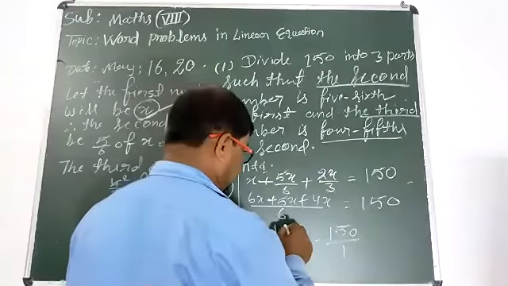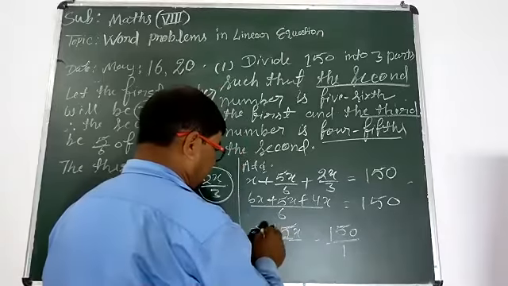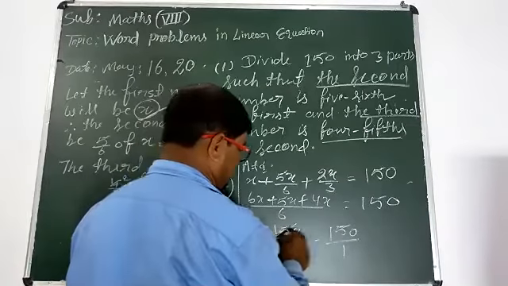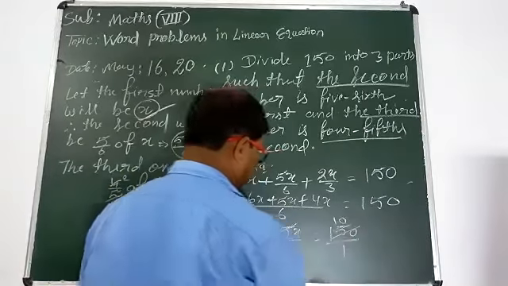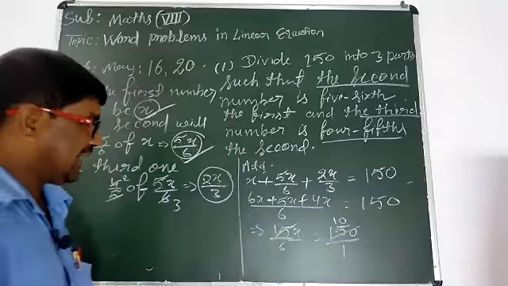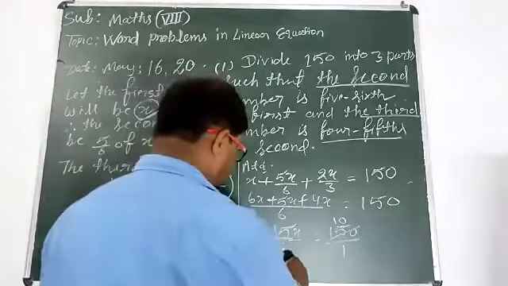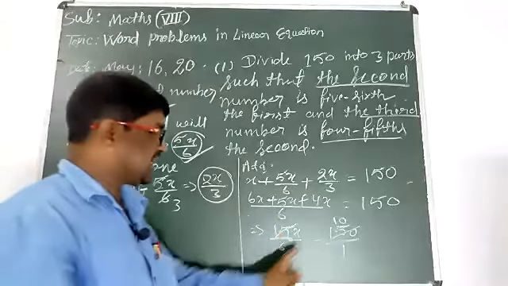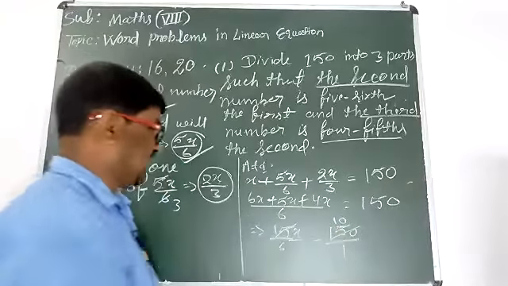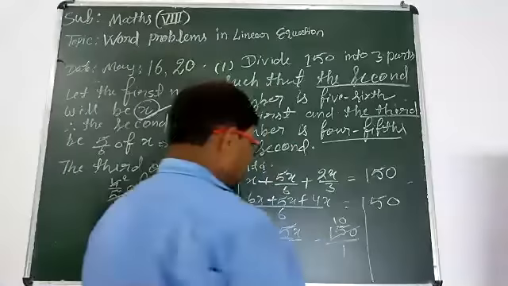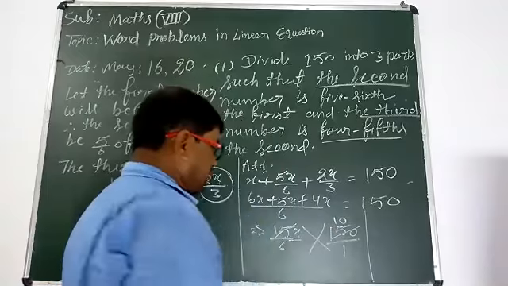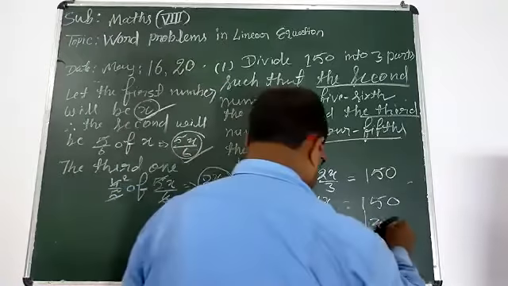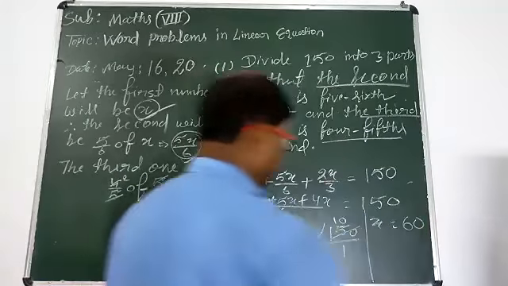Now 15 1 is 15, 15 10 is 150, so x upon 6 equal to 10 upon 1. In this way, by cross multiply, you can say x equals 10 times 6, which is 60.